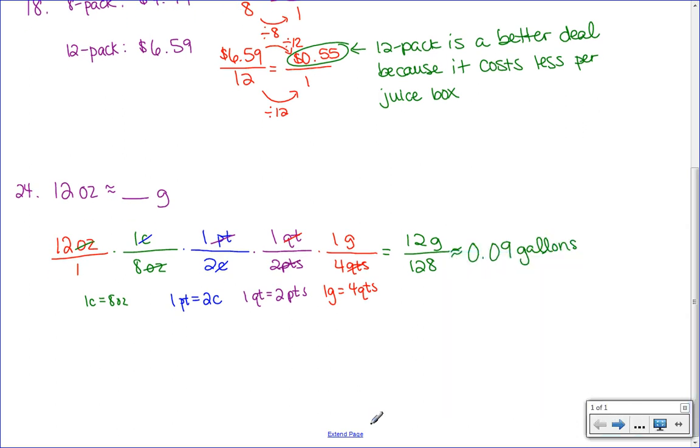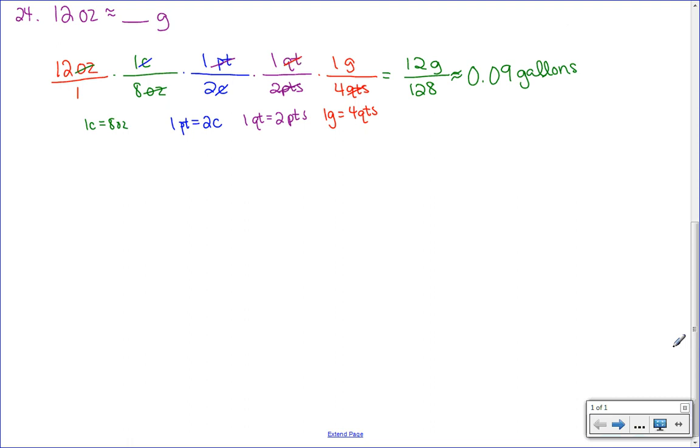Alright. The next even problem is number 30. And the directions for number 30 just say solve each proportion. And the proportion for number 30 says 15 over A is equal to 5 over 4.